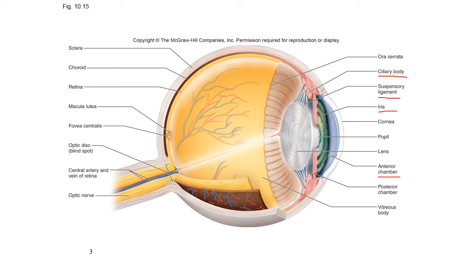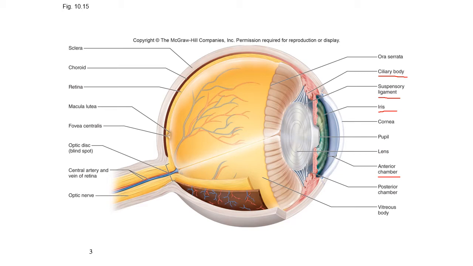Aqueous humor is a liquidy substance, which is that fluid that can go squirting out of the eye during a dissection. The function or role of the anterior chamber and the aqueous humor is to maintain eye pressure, refract light, refract means to bend light, and provide nutrients to the inner surface of the eye.